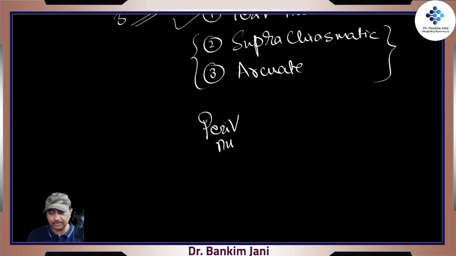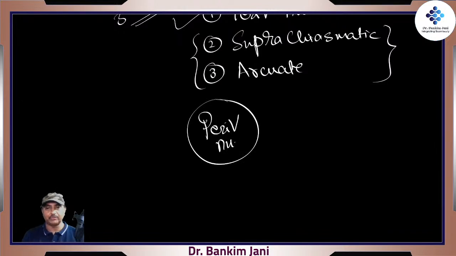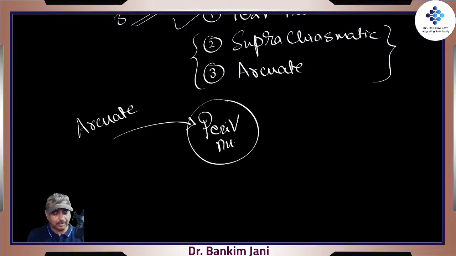Now over here, everything would be like circuits. In this periventricular nucleus, there would be afferent, there would be efferent. Afferent means the fibers feeding it the information, and that will come from the arcuate nucleus. Now what the arcuate nucleus is doing, we have not yet discussed, so just hang on.